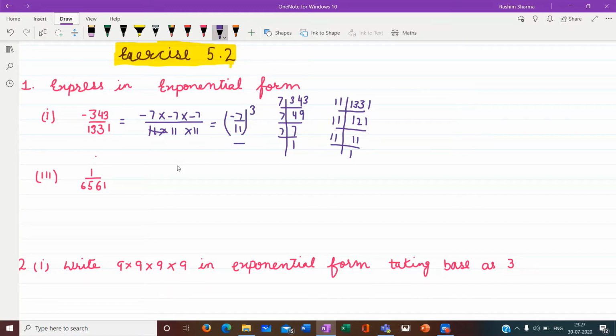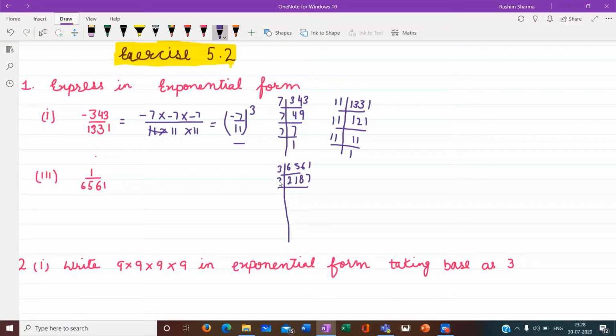Okay, next question is 1 upon 6561. So same way we will find the prime factors of 6561. Now it is divisible by 3. So here we have 3 twos are 6, 3 ones are 3, 3 eights are 24, then 3 sevens are 21.